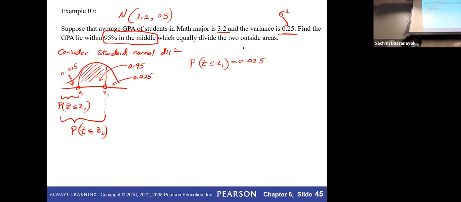Since this is 0.025, you can go to table number 1 and find the particular C value. Let me go back. 0.025, this is the area. Yes, here. See this one.